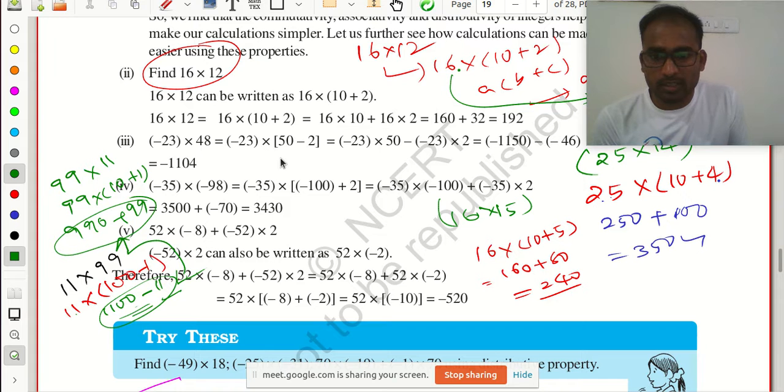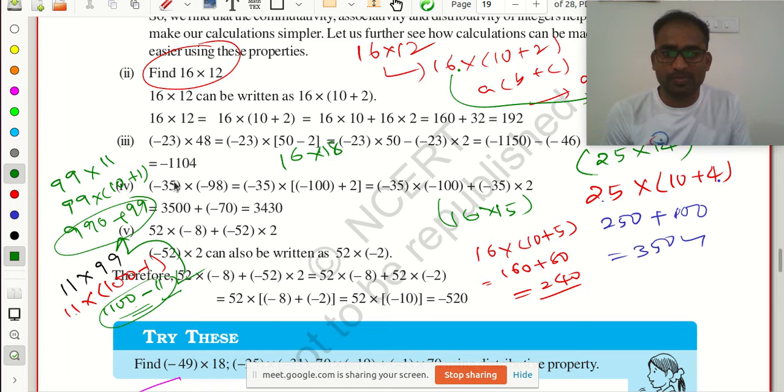See here, suppose I ask 16 multiplied with 18, then what will you do? 16 multiplied with 10 plus 8? No, again you need to multiply 16 into 8. Compared to that, 16 multiplied with 20 minus 2. Understood?